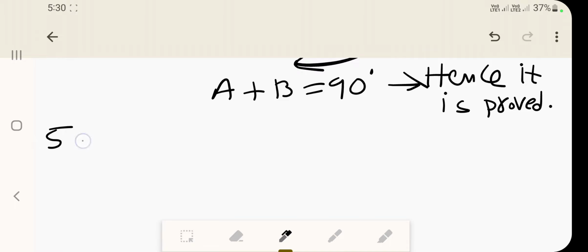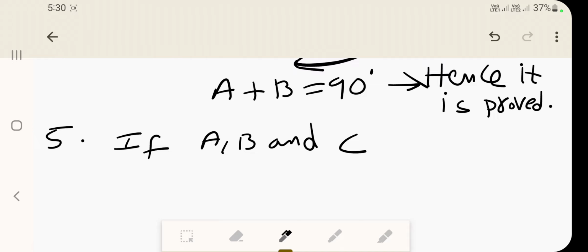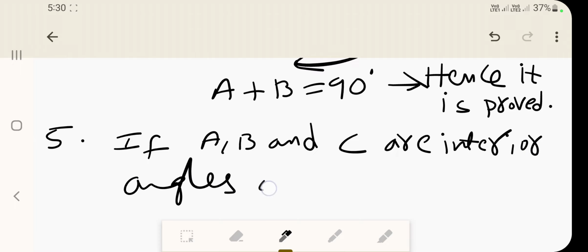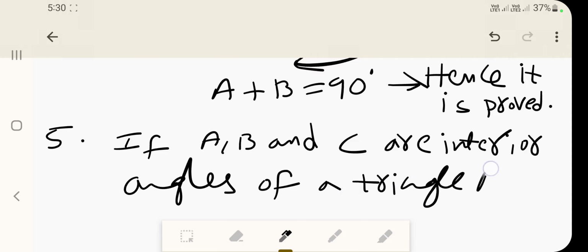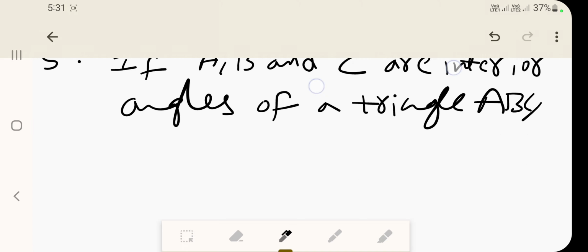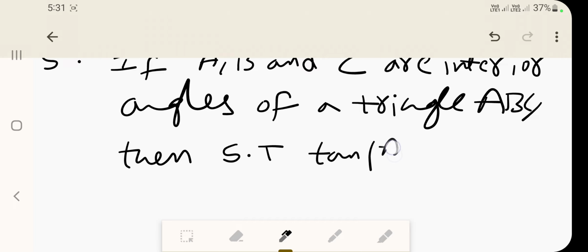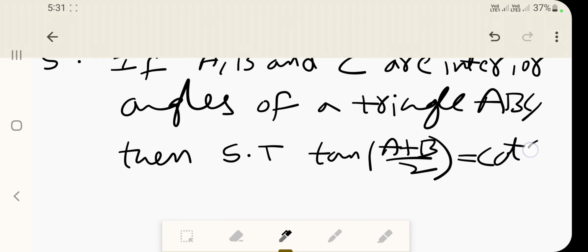Another problem they asked, if A, B and C are interior angles of a triangle ABC, then show that tan of (A plus B) by 2 is equal to cot C by 2.